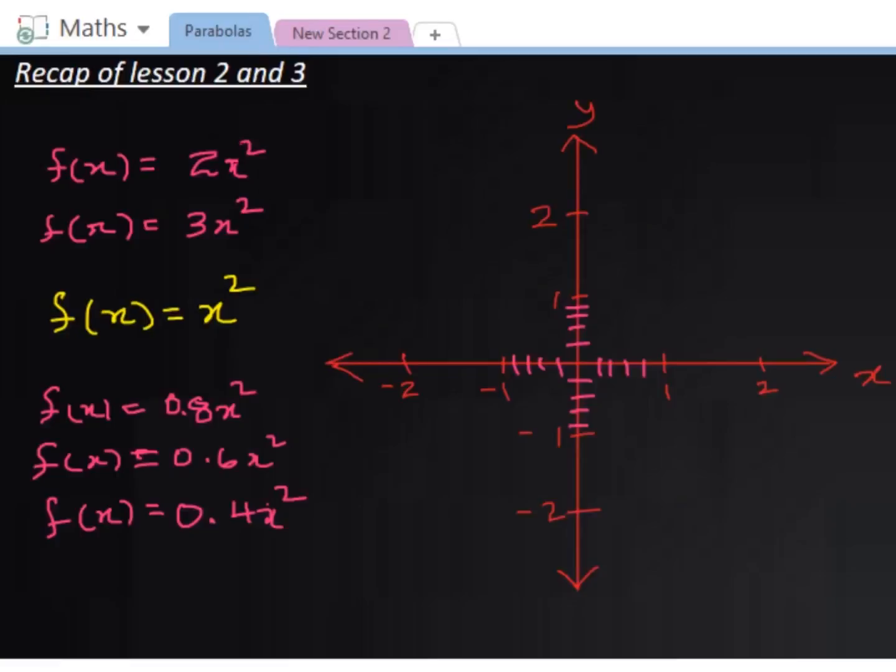Let us recap lesson 2 and lesson 3. Let us look at the impact again of the value of a on the following 5 functions. The first function being f of x equals 2x squared.